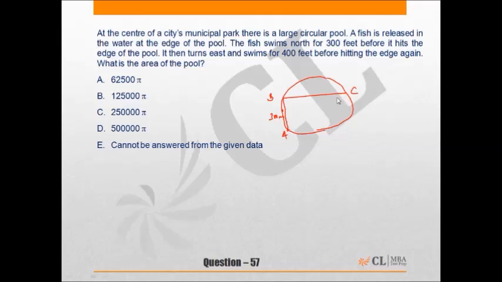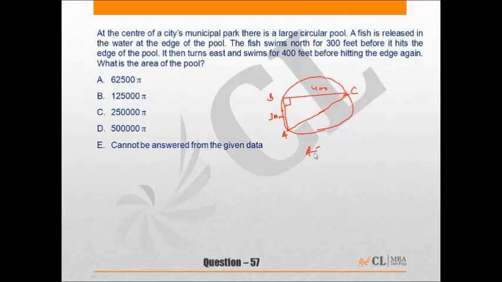Say the point C is where the fish hits the edge after swimming 400 feet in the east direction. Therefore angle B is 90 degrees, and when we join AC we'll get the diameter of the circle.